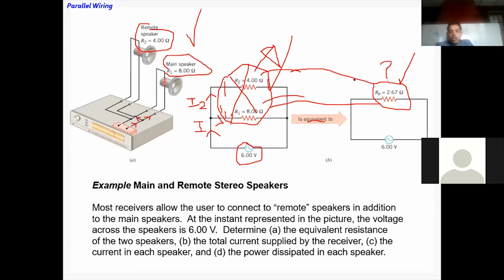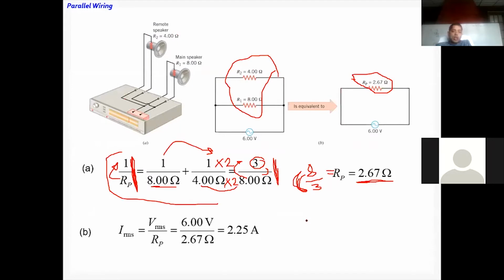Now we found the equivalent resistance, right? What is the total current supplied by the receiver? What is the total current? Now you can use Ohm's law again. V equals IR, right? That's Ohm's law. In our case, R is RP.